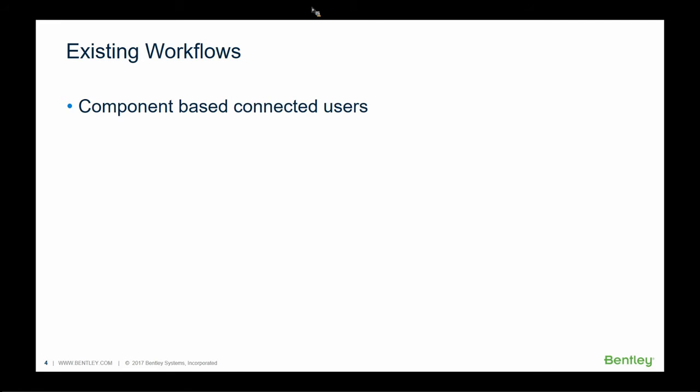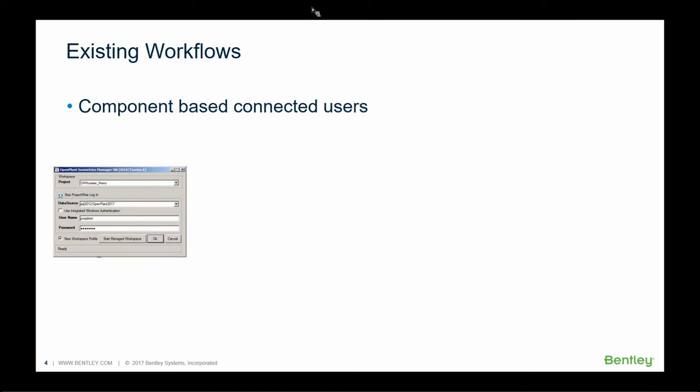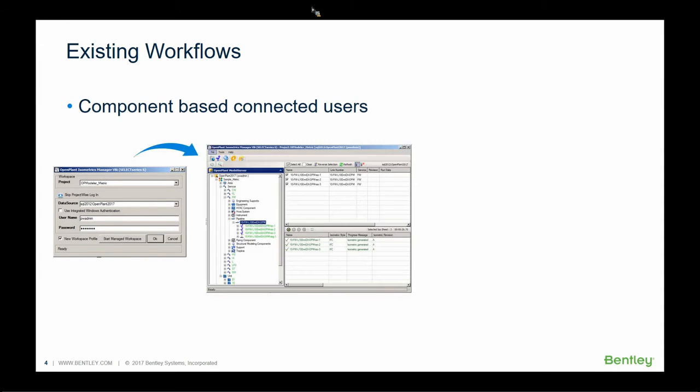Similarly, for our component-based connected users, you were typically launching OpenPlant Isometric Manager and connecting to any available server project or repository, which would open up the OpenPlant Model Server tab on the left-hand side, where all the data can be seen.